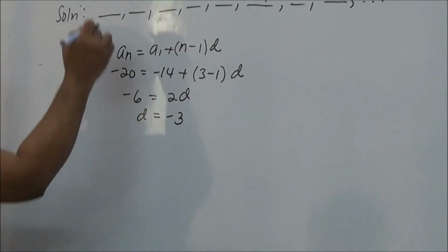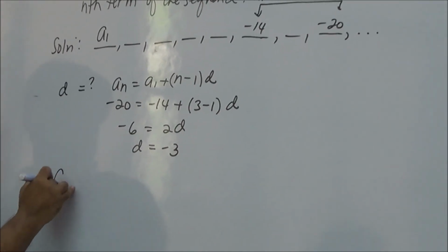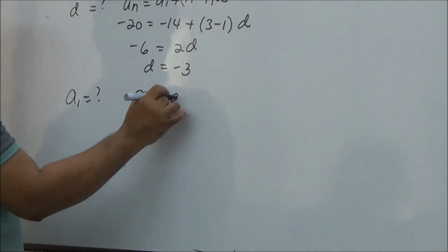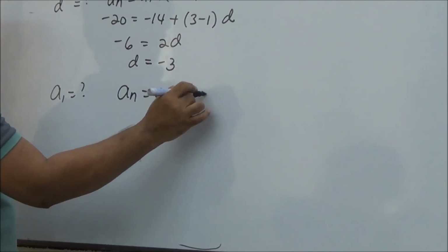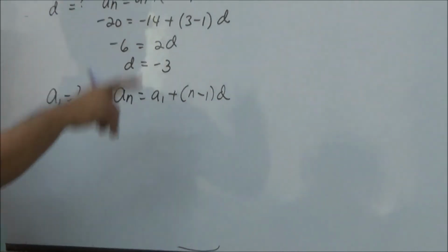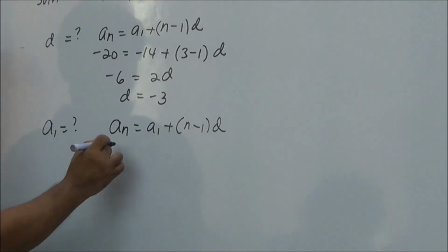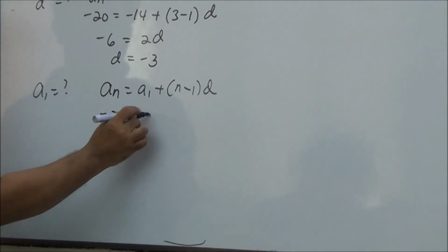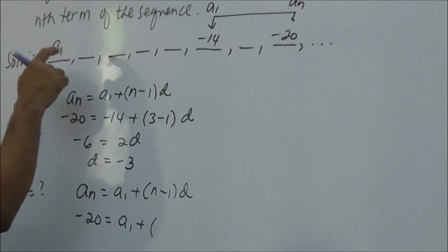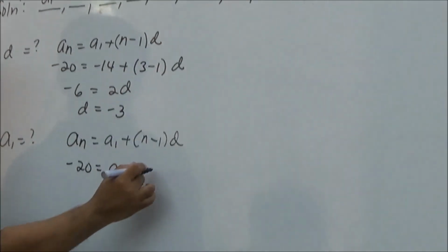Then let us now identify the original first term, or A1. Of course, we're going to make use of the formula AN equals A1 plus the quantity N minus 1 times D. Still we'll be using the terms given here. So AN here is negative 20 equals A1 plus, how many terms are to be considered here? 1, 2, 3, 4, 5, 6, 7, 8, minus 1.